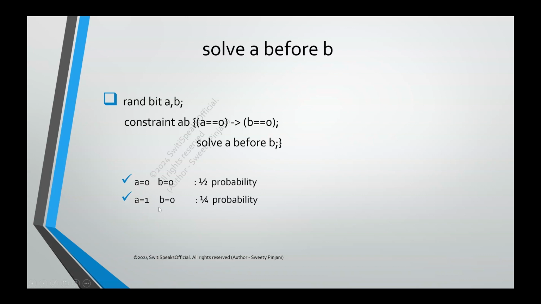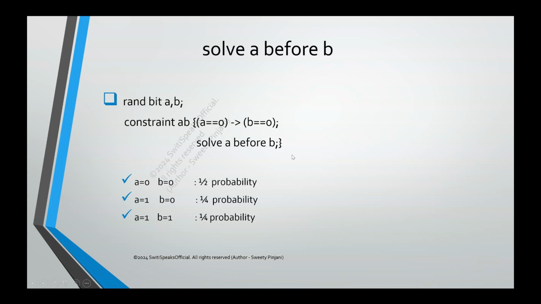Probability of A equal to 1, B equal to 0 is 1/4, and probability of A equal to 1, B equal to 1 is 1/4. This is how the probabilities got changed by using solve before. And here A is getting more priority compared to B.